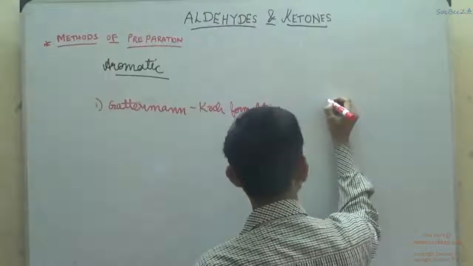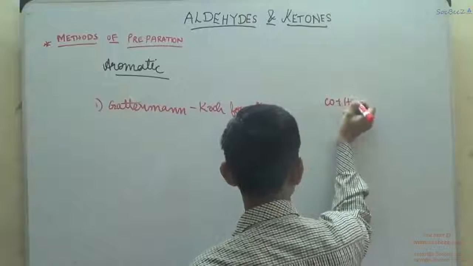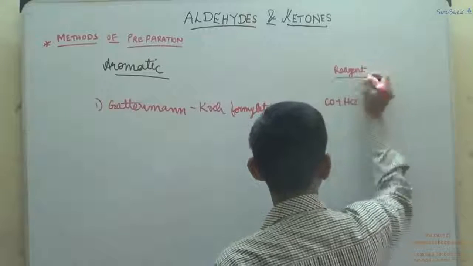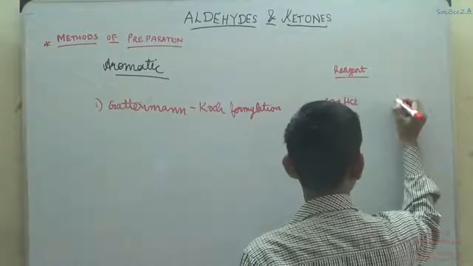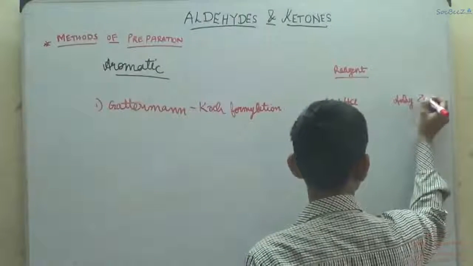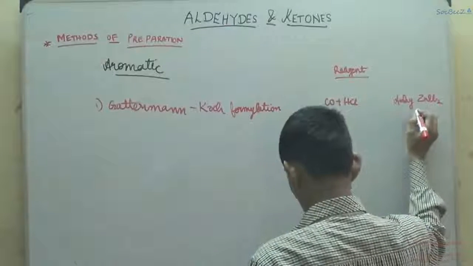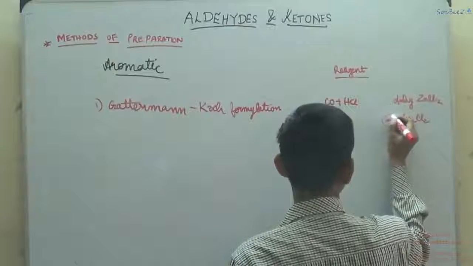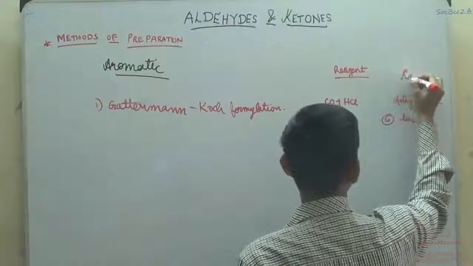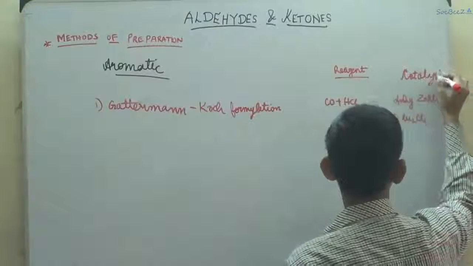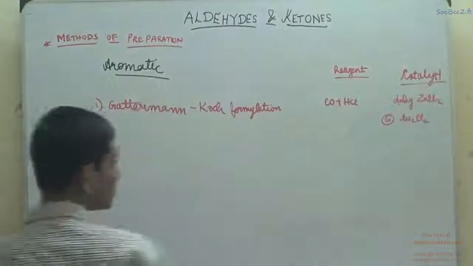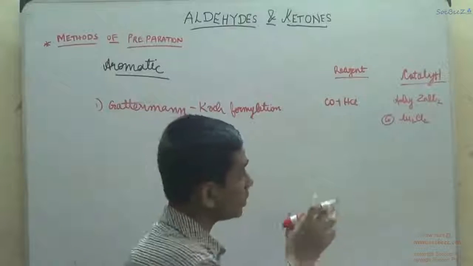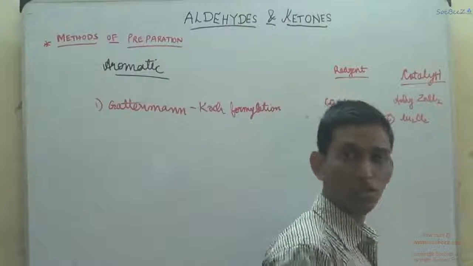Here the reagents will be CO plus HCl, and here you have anhydrous ZnCl2 as the catalyst and Cu2Cl2 as the co-catalyst. So this was Gattermann-Koch formylation.